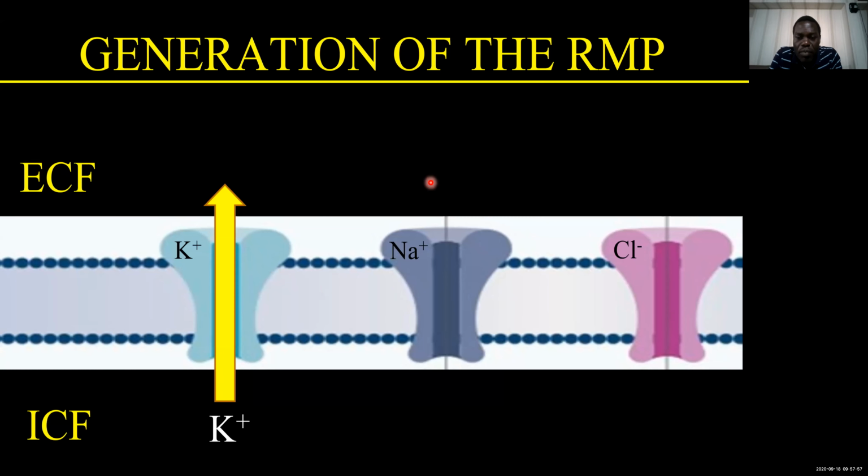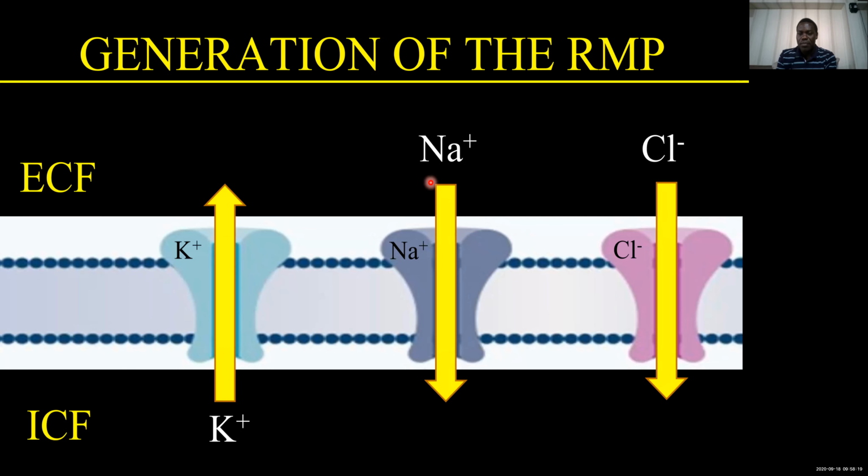Right. How about sodium? How will sodium move? Anyone? Sodium will move inside towards the intracellular fluid. Very good. So sodium will move inwards, and that will also be similar to chloride.